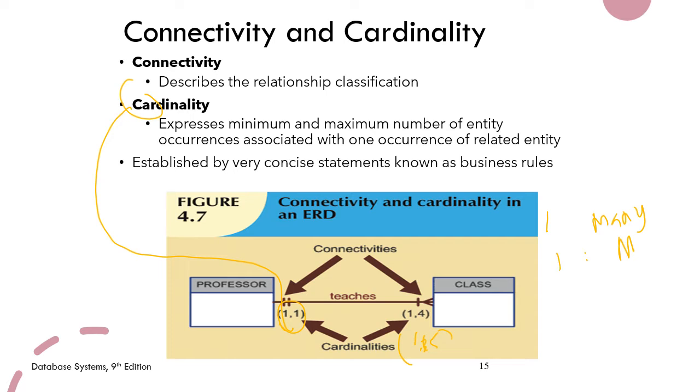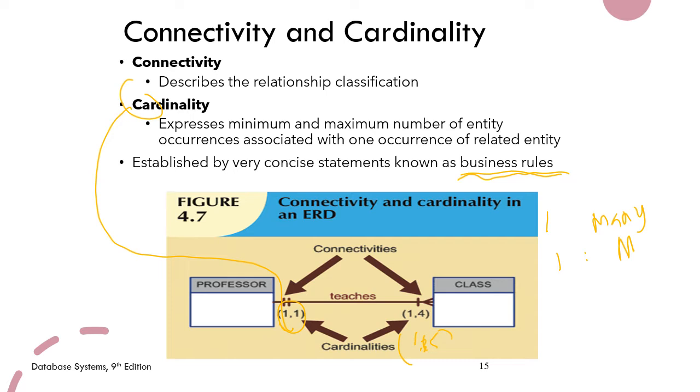Okay, so the information written here is established by the business rule. Again, business rule. If you can get clear and very concise business rules, then you can get this definition. If not, you cannot give this.